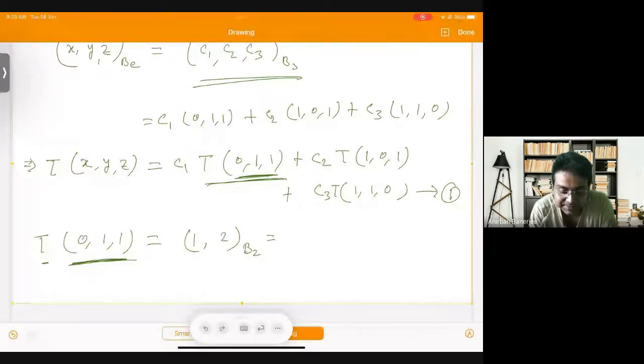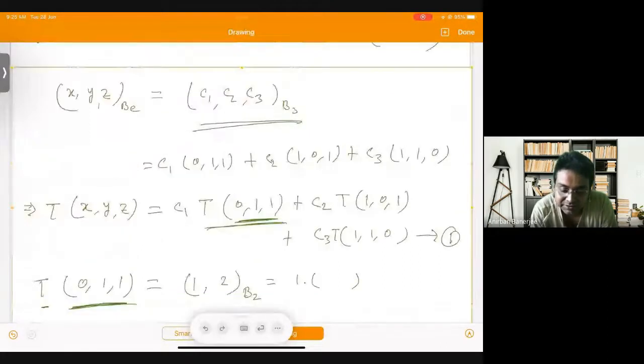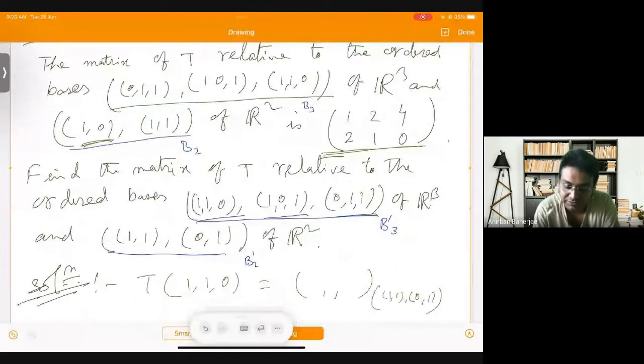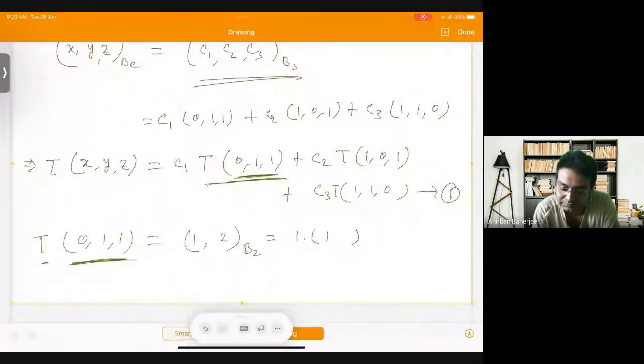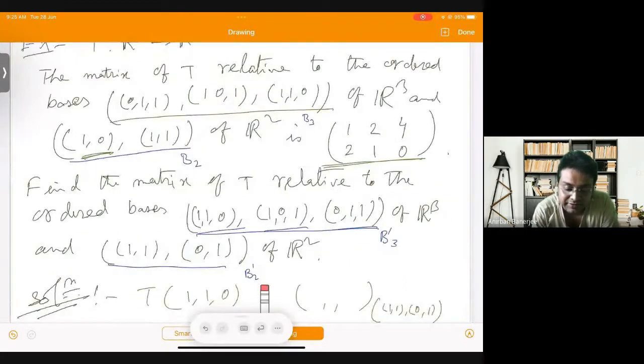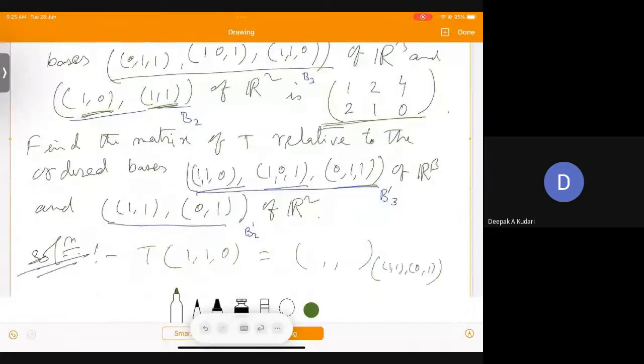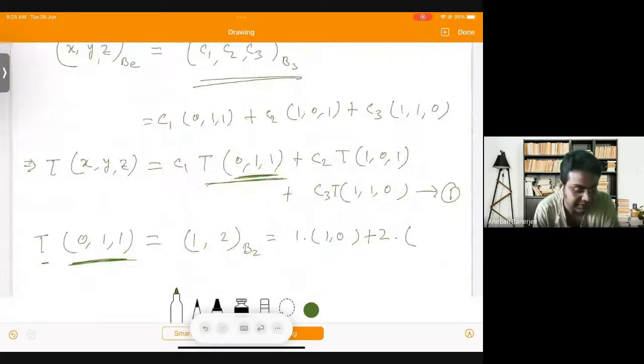So this is with respect to B2, which means this can be expressed as the linear combination of 1 into the first basis vector in that set, that is 1 comma 0, plus 2 into the second vector, which is 1 comma 1, and this equals 3 comma 2.